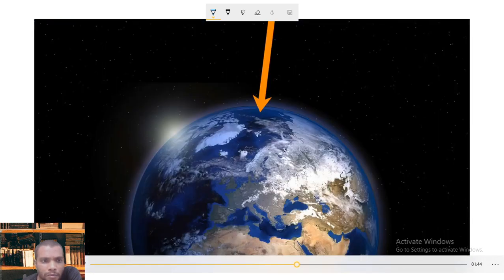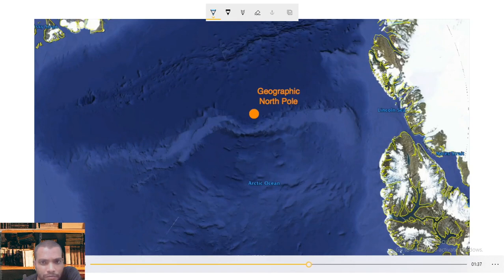Suppose this is the pole of the magnetic north, and that is the location of the geographic south.